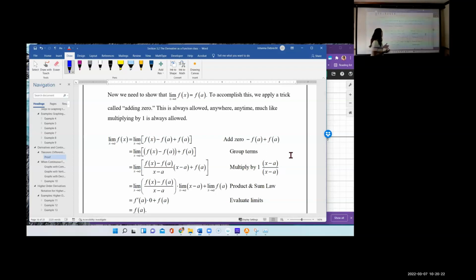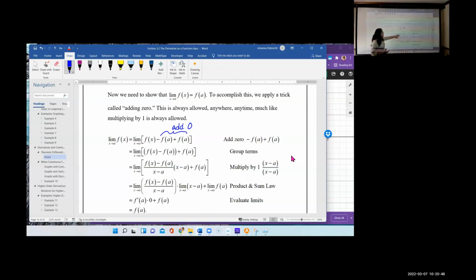So we want to take a look at this limit of f of x as x approaches A. And what we're going to do is what's called adding 0, where this section right here represents adding 0, all right? Because we're subtracting f of A and adding f of A, we're really adding nothing. We're adding 0.